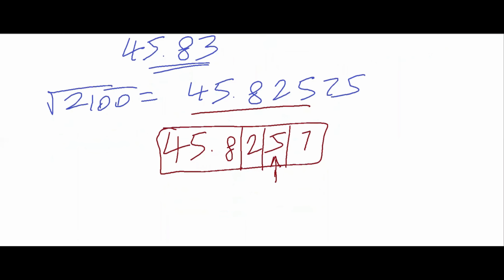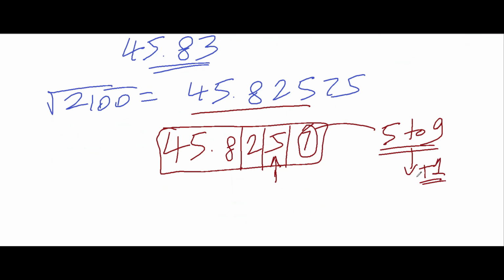This digit is between 5 and 9, so I am going to add plus 1 to this number. My answer will be 45.826.